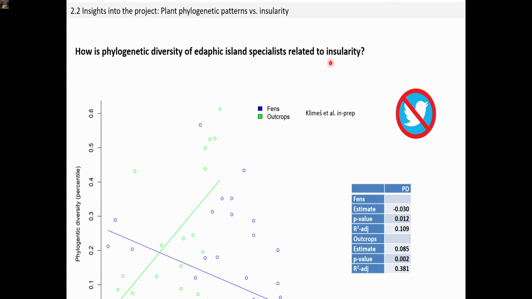It can question the idea that we are considering outcrops younger than they are. It's quite challenging, because we are assuming, also from the previous analysis, that the fens are the oldest and the most insular.